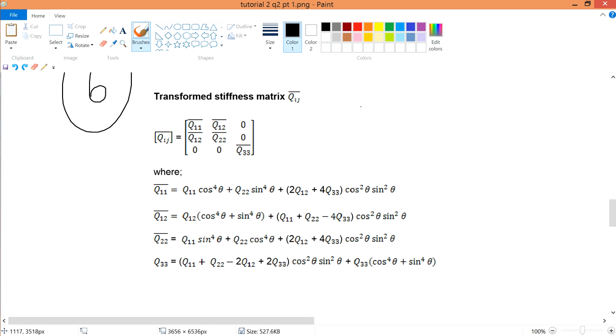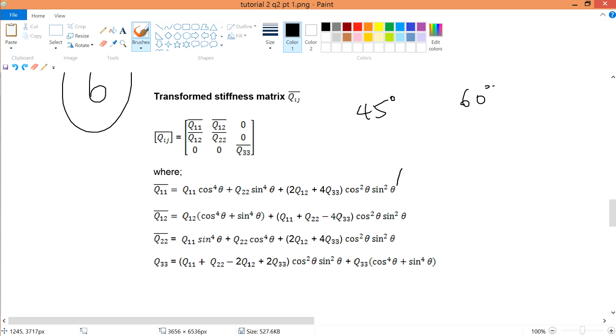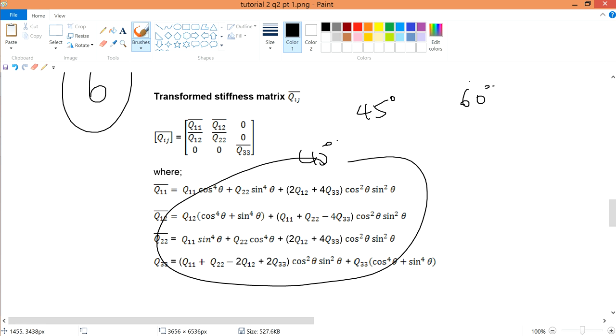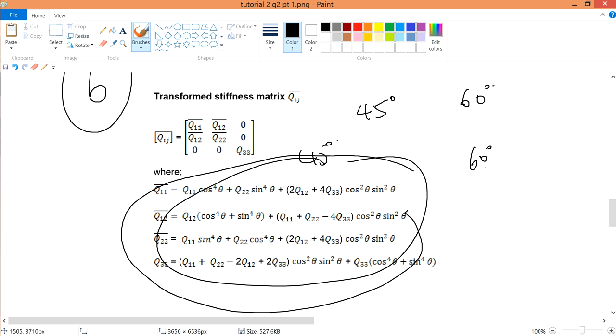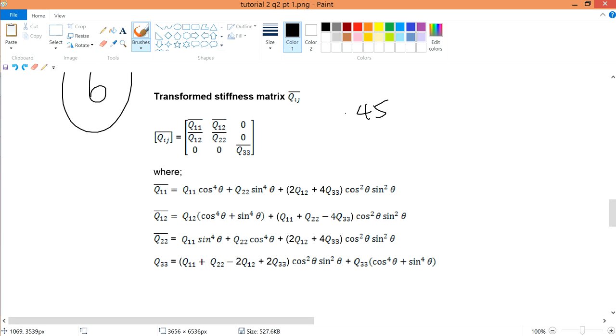If you had 2 laminates, for example 45 degrees and 60 degrees, you'd sub in theta as 45 degrees for one set, and for 60 degrees you'd have another set of equations. You'd calculate a lot of things. To keep it easy, they give us plus minus 45 degrees, and if you sub in theta, the outcomes will always be the same.